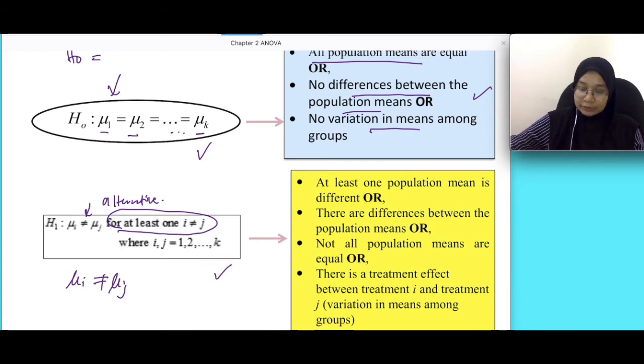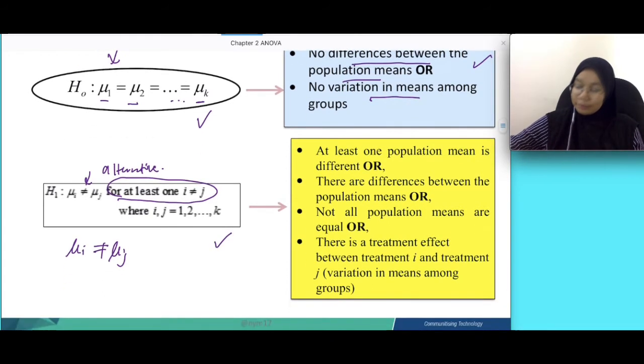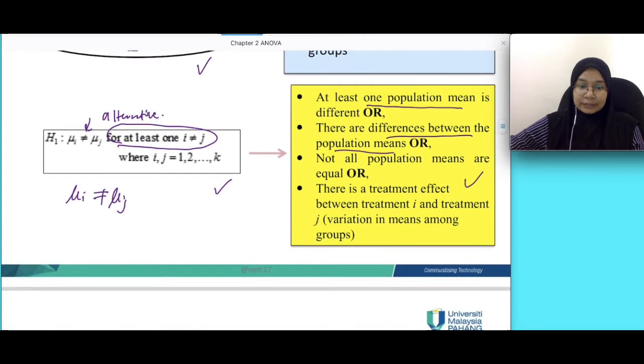You can write it like this or in words, for example, at least one population mean is different. You must have the words at least one population mean is different. Or there are significant differences between the population means. It gives the same meaning. So these are the hypotheses.